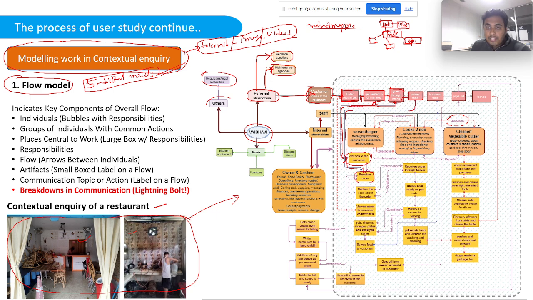So this is the next activity. For ordering food he needs to convey that message, and someone needs to receive the order, and they also give the information back whether that particular food item is available or not. Only then can the order be placed. That's why it's again a two-way communication.